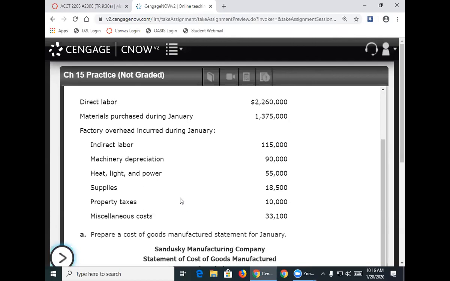We calculate materials, that flows into work in process with labor and overhead. We balance our work in process. Out of all the costs we had in the month, how many goods did we actually finish? This is how much we finished. That flows into finished goods. So those were completed and transferred to finished goods. It's just going into the next inventory category.